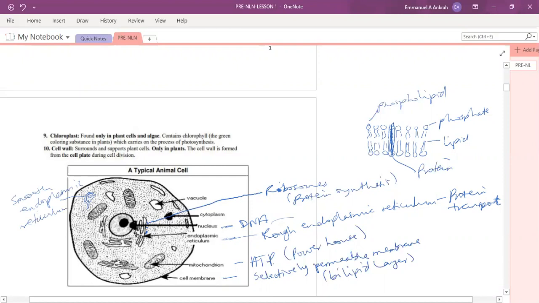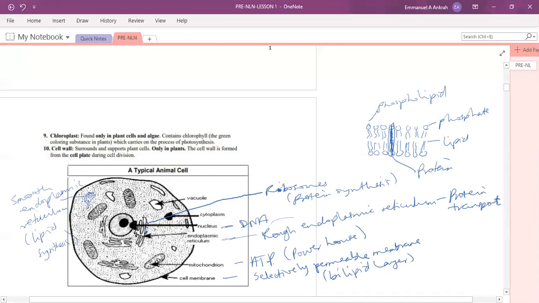Okay, that's a smooth one. And the smooth endoplasmic reticulum, the function is basically for lipid synthesis. It makes lipid, right?